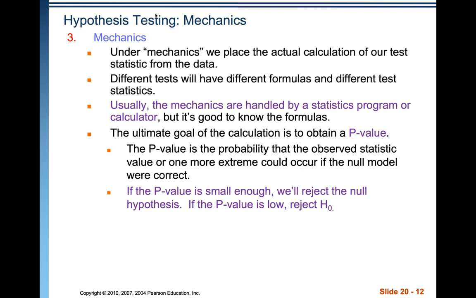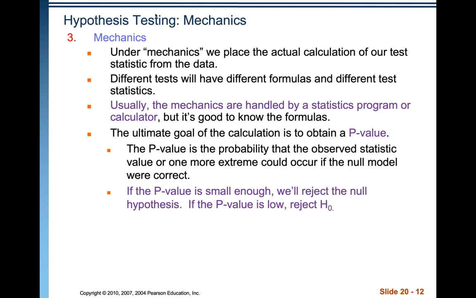Under mechanics, we place the actual calculation of our test statistic from the data. Different tests will have different formulas and different test statistics. Usually, the mechanics are handled by a statistics program or calculator, but it's good to know the formulas. If you are going to use what is referred to as calculator speak as a substitution for actually cranking out the mechanics, you're going to have to label everything that you put into your calculator, and we will talk about that later.